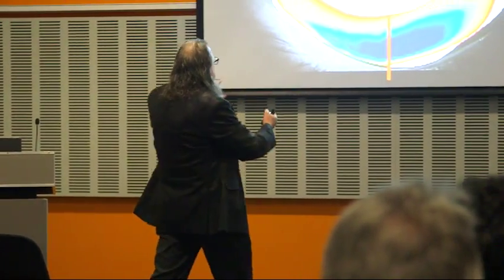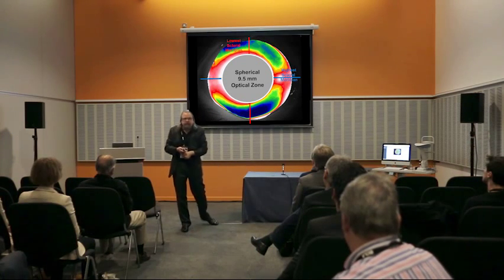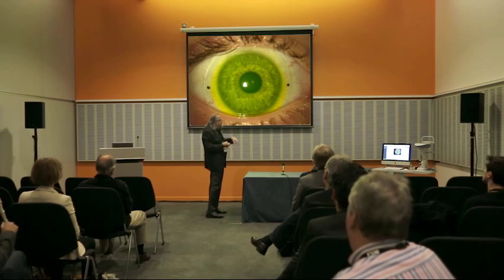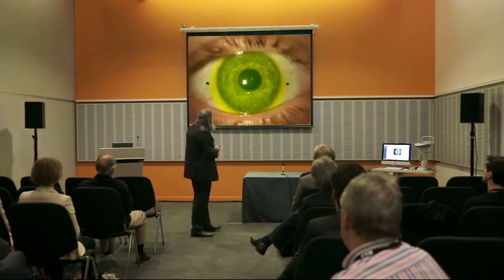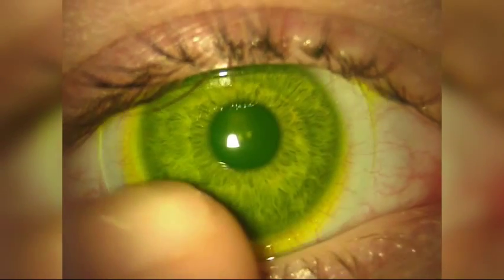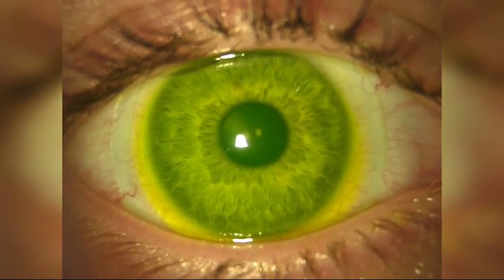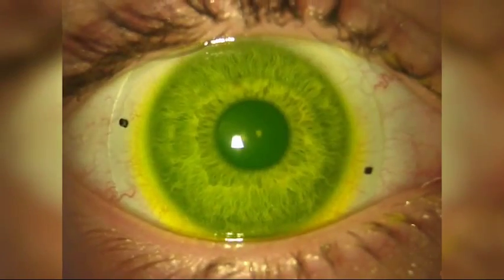Let's take a look at this particular patient. It's pretty easy to see the height differential between the two primary meridians, and now we're going to put on a scleral lens that has a height differential in just the fitting portion of the scleral portion, and you're going to see as I spin that around, we're going to wait just a second, and if you pay attention to this area right here, you're going to see that spinning around fairly quickly and getting back into its position.